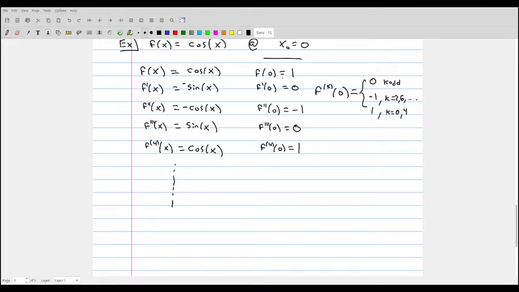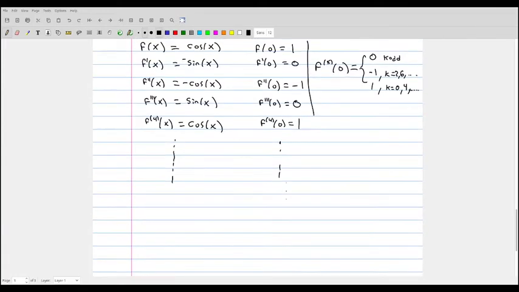If k is equal to 0, it's positive 1. If k is equal to 2, it's negative 1. And k is equal to 4, it's positive 1, and so on and so forth. So it oscillates in some sense with k as you get larger and larger values of k.